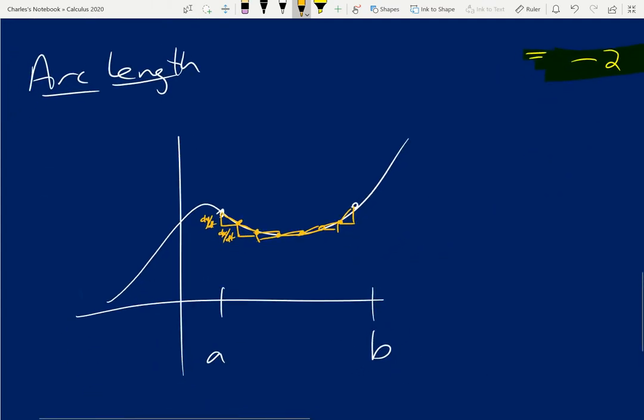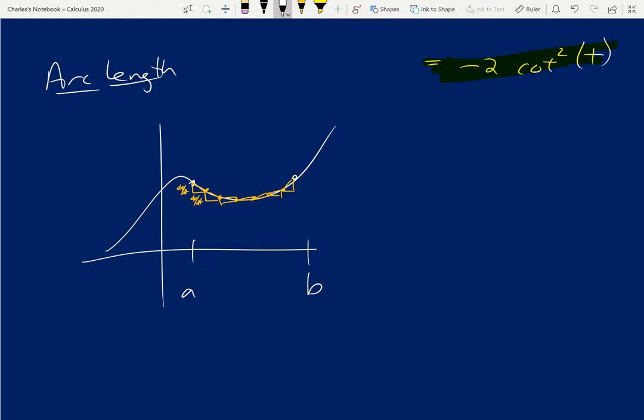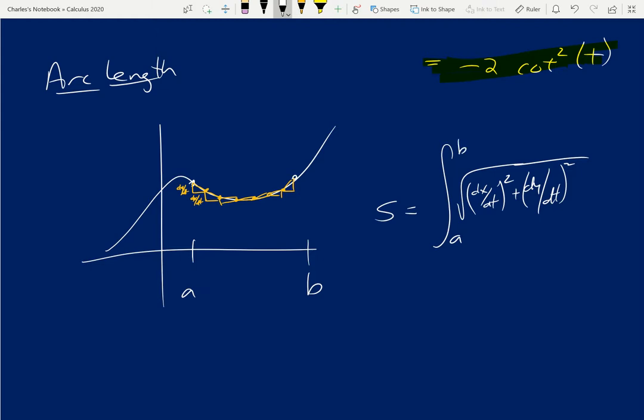And the formula for arc length, which is much easier than the one you used to have, we use the letter S to represent it, is the integral of the square root of dx/dt squared plus dy/dt squared, and it's the integral from a to b.